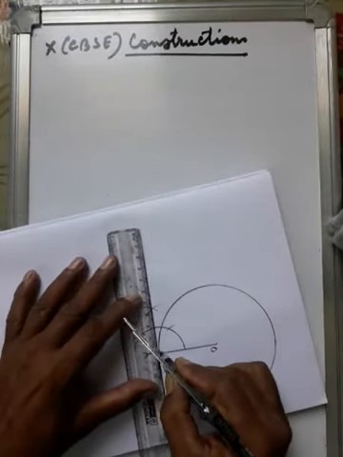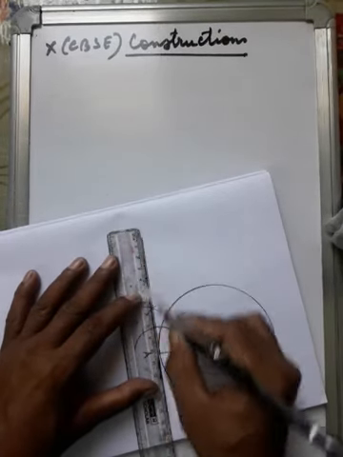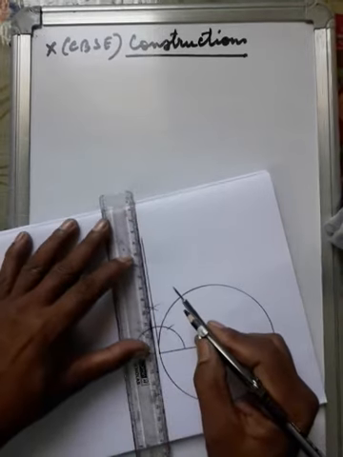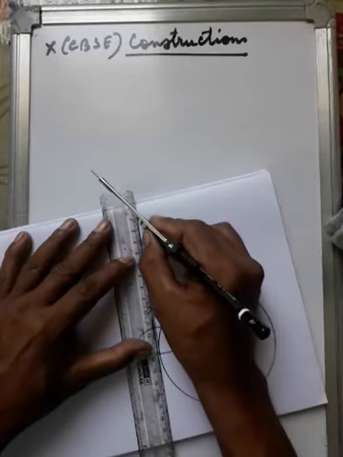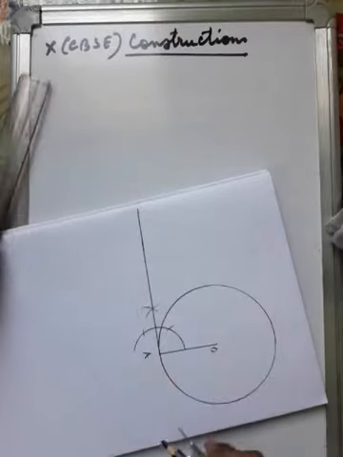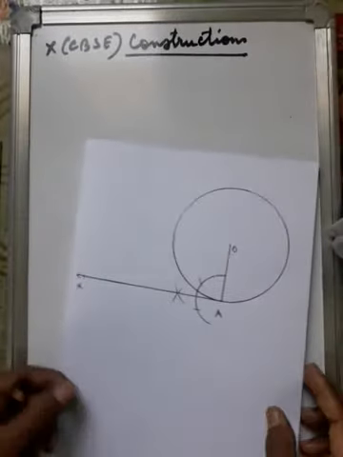Join the point A to this point. So this line is perpendicular to the radius, so it is a tangent. Name it, suppose AX.